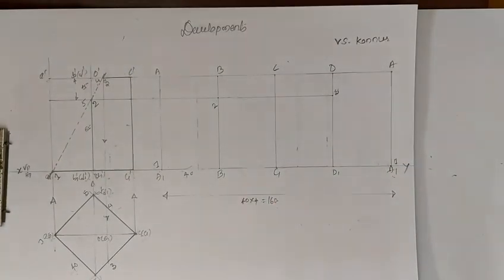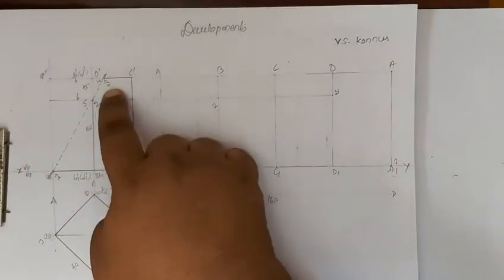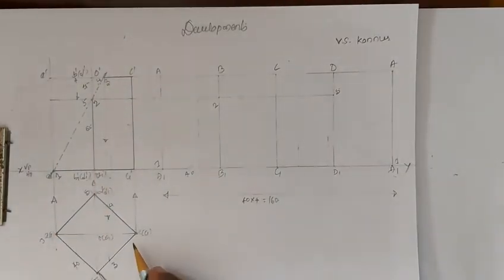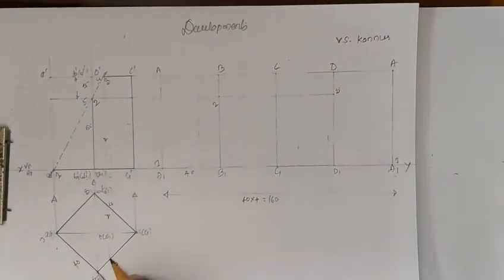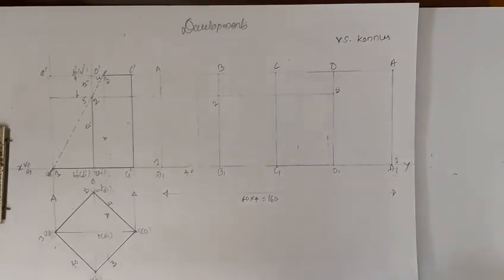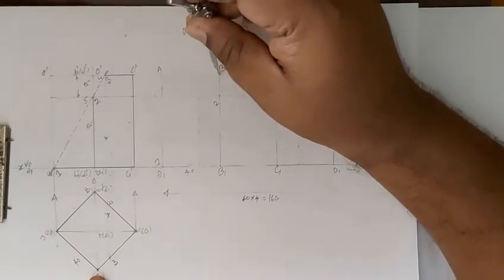And then we'll divide this. So this third cut is from B to C, right? We'll take the distance from B to C. This distance you have to take from your divider, B to C, and keep at the B point, cut it.